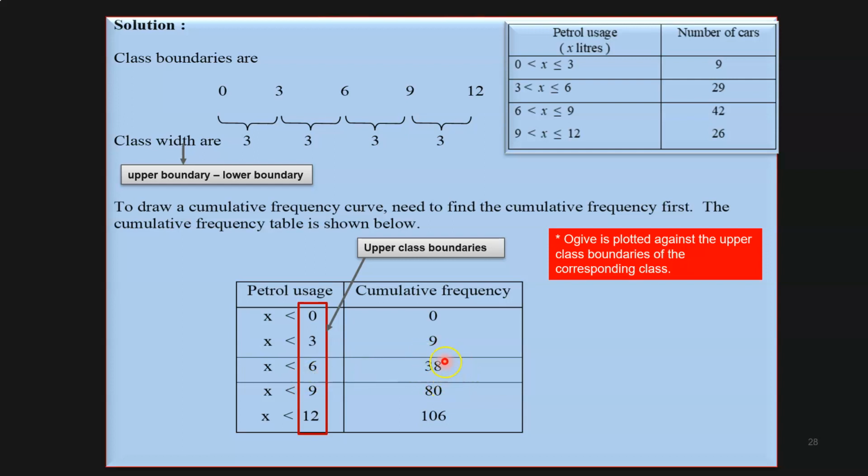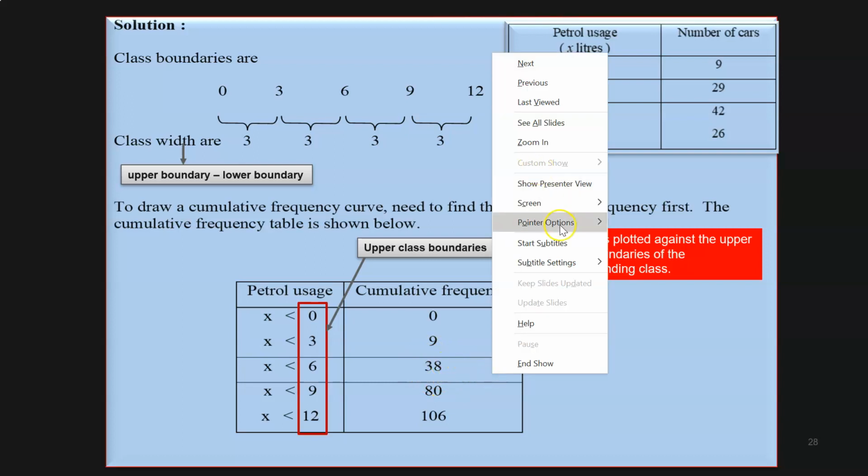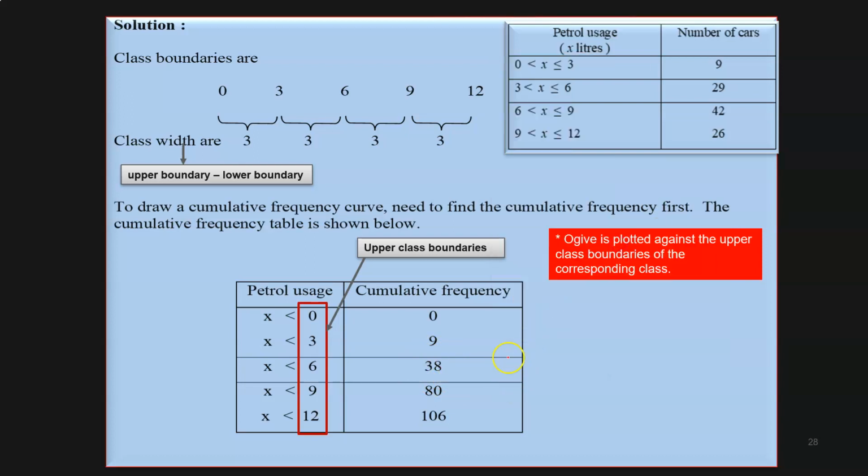Dari mana datangnya 38 ni? 38 ni, you get it from 9 plus 29. That's why you get 38. And then x less than 9. X less than 9 is 42.